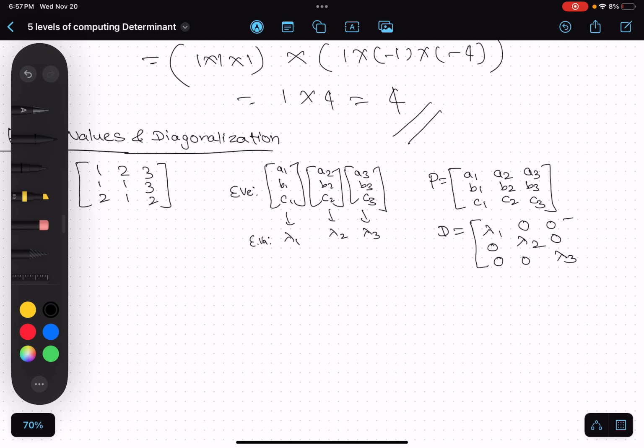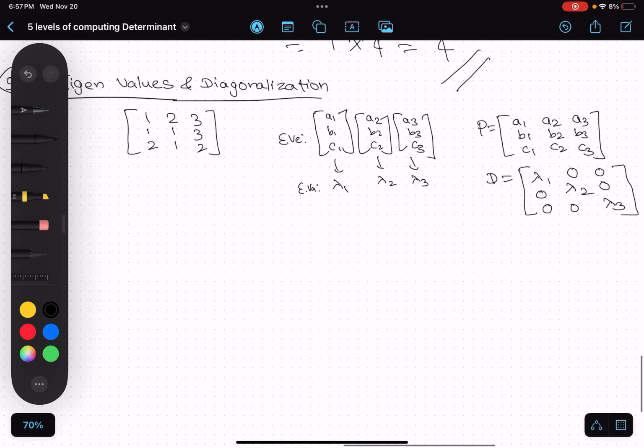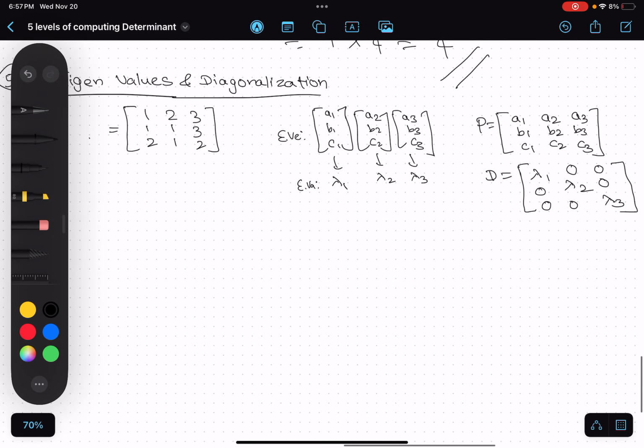The special thing about this P and D is that if P is the matrix of eigenvectors of this matrix M, and D is the diagonal matrix for this very matrix M, then M will be equal to P D P inverse.